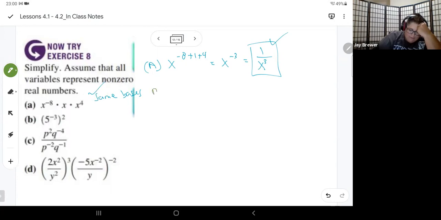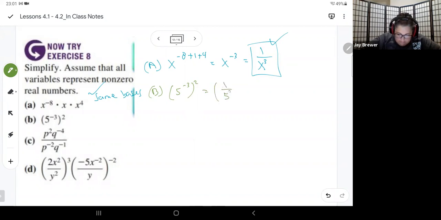All right, B is 5 to the negative third squared. So we can do this either way. We can change the inside or we can distribute. Maybe I'll do it both ways for you. So here we'll flip the inside first.